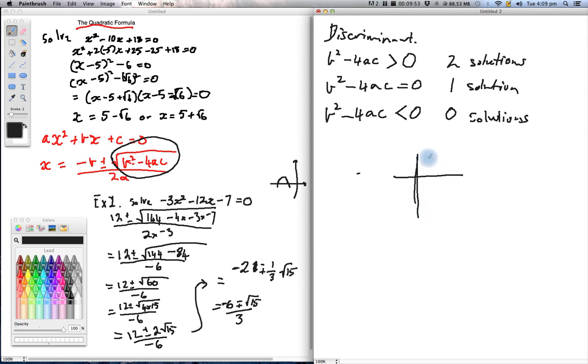One possibility where there's 0 solutions is this one here, where it's not touching or going through the x-axis. That's 0 solutions. Another one might be down here. It's a bit of a different, more dilated quadratic, but it's also not touching the x-axis, so it also has 0 solutions. And that is why the discriminant is an important factor that we need to investigate sometimes to see if we have any solutions.